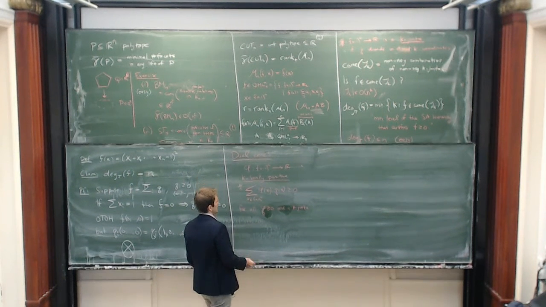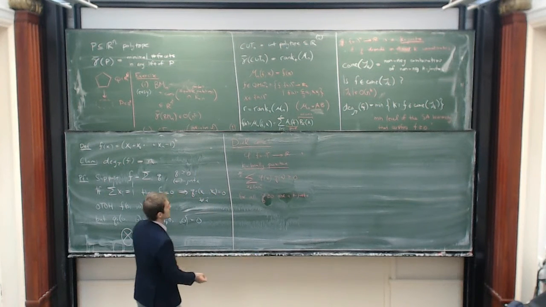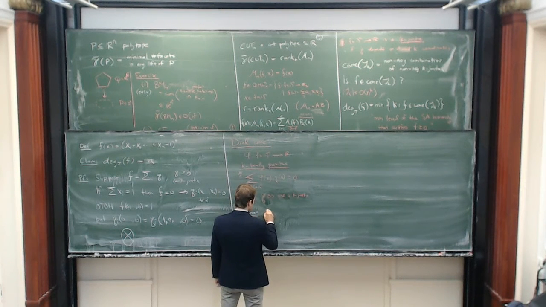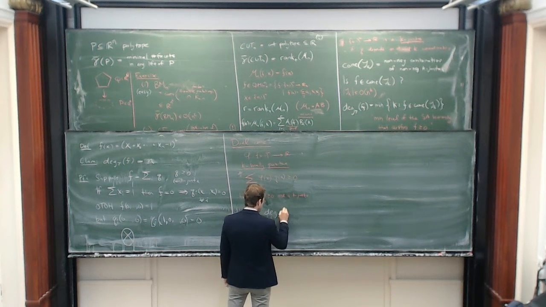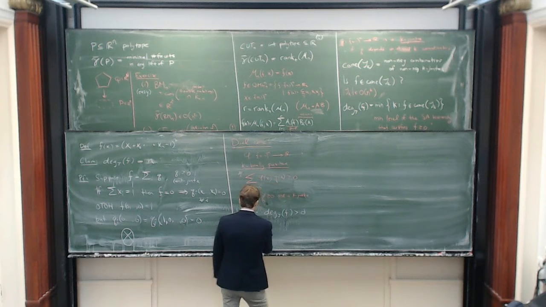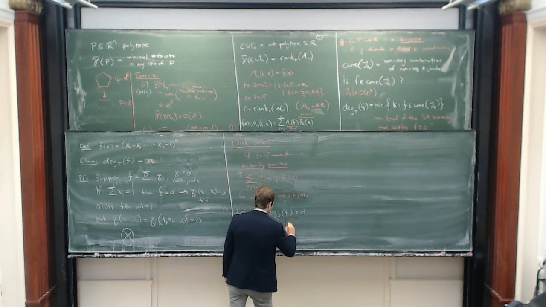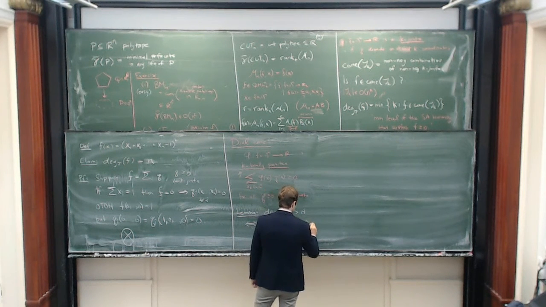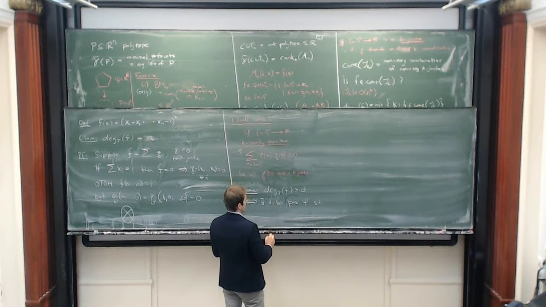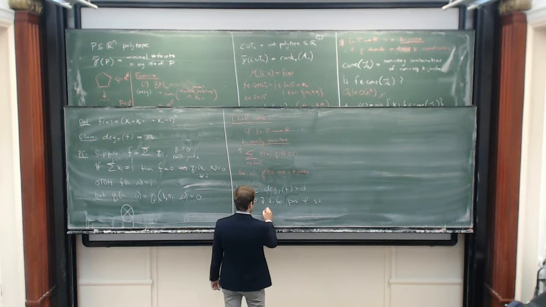And now here's the sort of dual characterization of junta degree. So I'm writing a lemma, but it doesn't really require a proof: the junta degree of some function f is more than d if and only if there exists a d locally positive functional phi that is negative on f.